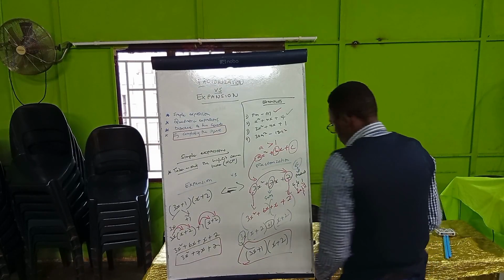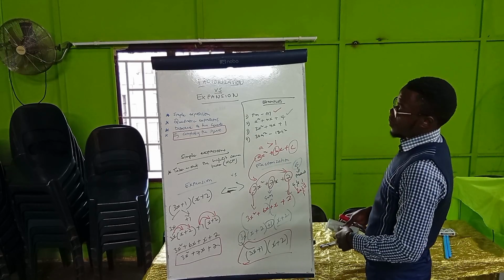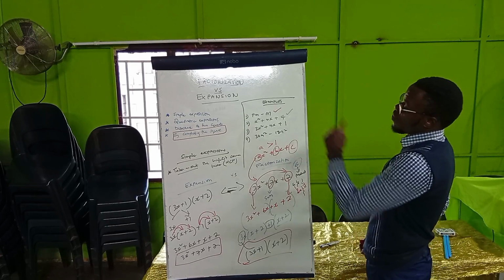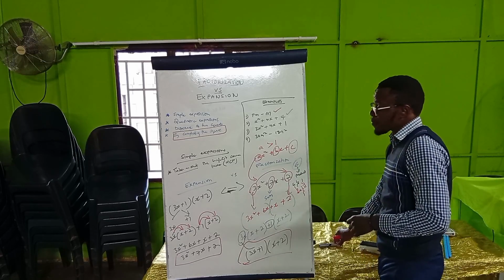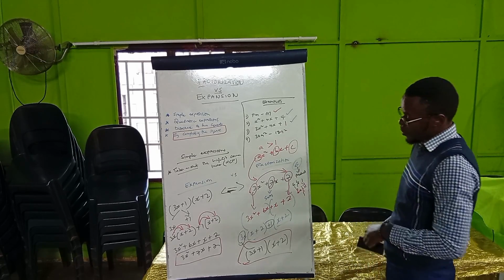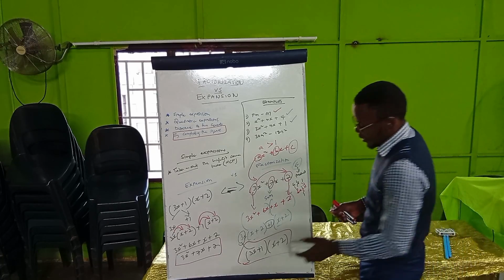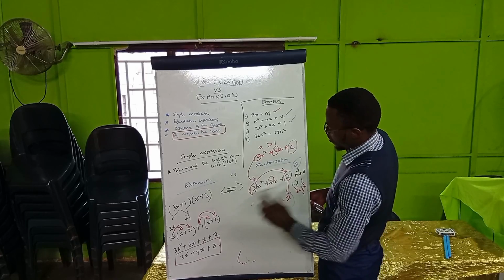Alright, we did solve that one, so now I want us to solve the third one. How can we factorize this? It will be a second example for our demonstration.